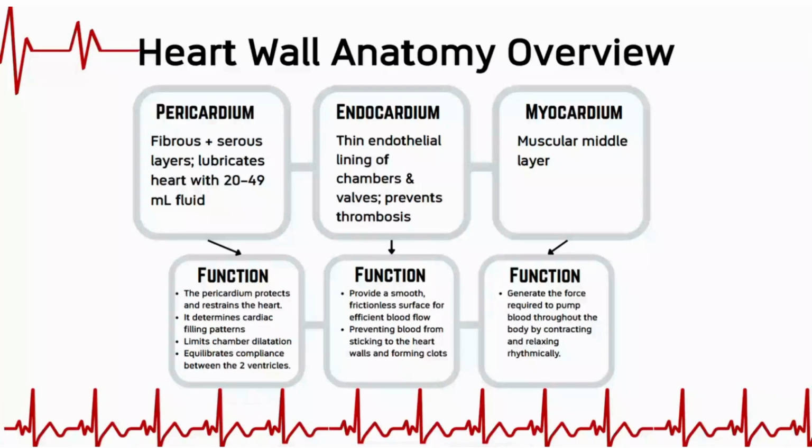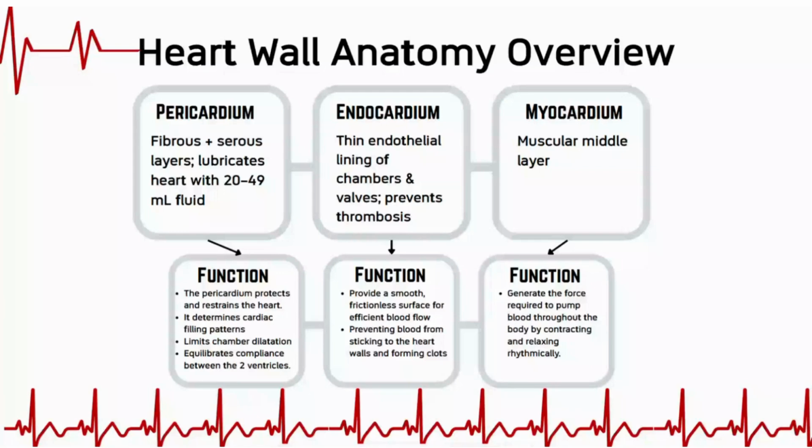The endocardium, which we spoke about a little in the last class about valvular diseases, is a lining of the chambers and valves, and it prevents blood clots from forming. It provides a smooth, frictionless surface for blood flow, and it prevents blood from sticking to the heart and coagulating within the heart and forming clots.